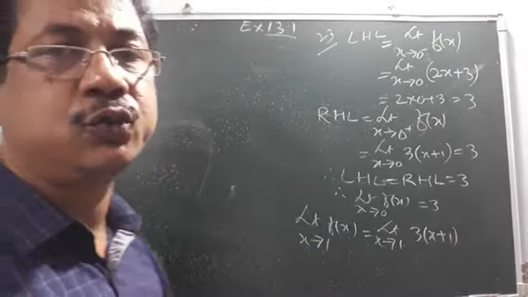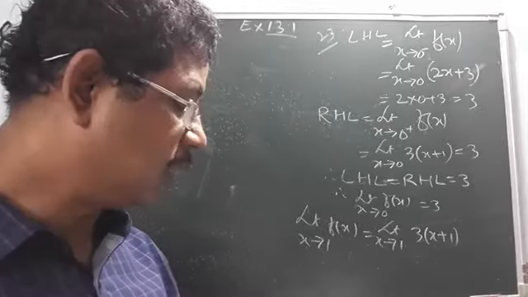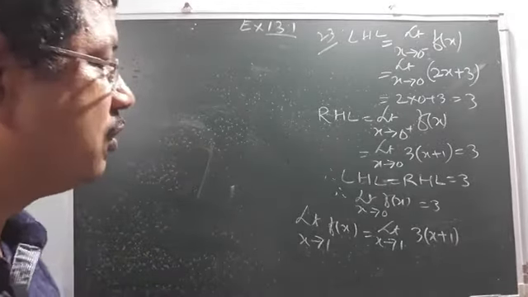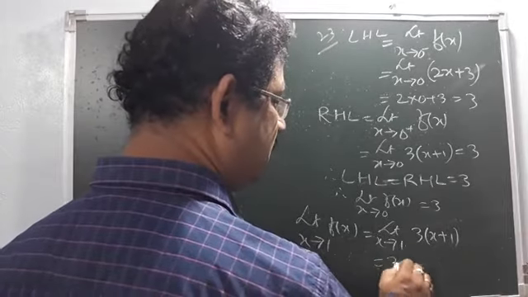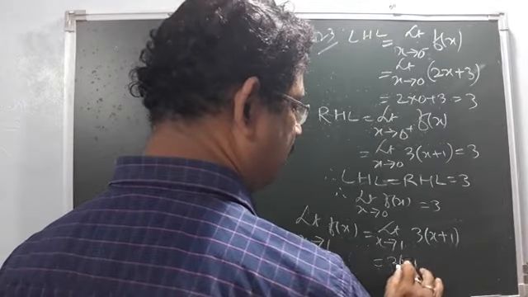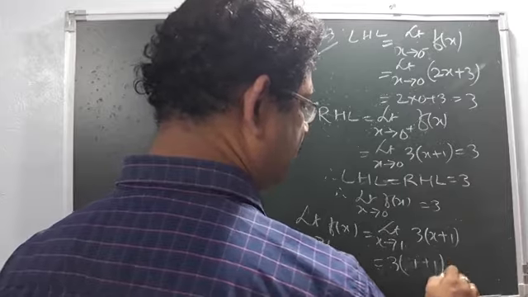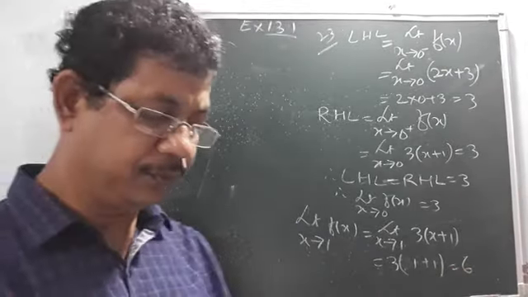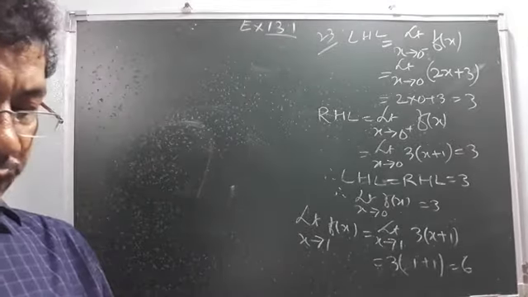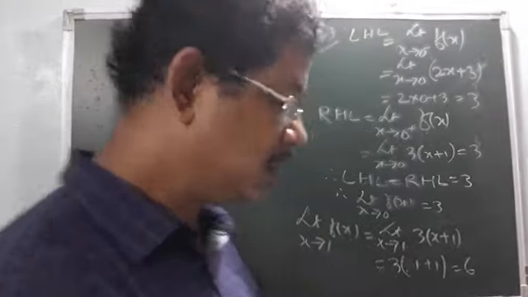Because x tends to 1. Here there are two values, one for x less than 0, another for x greater than 0. Of course you will use this one, and for the limit you have to replace x by 1, so the value is 4.